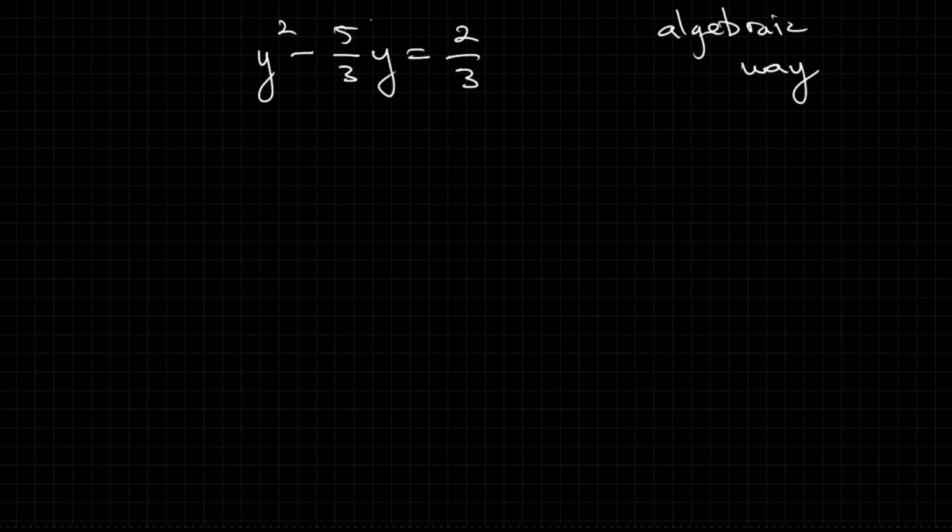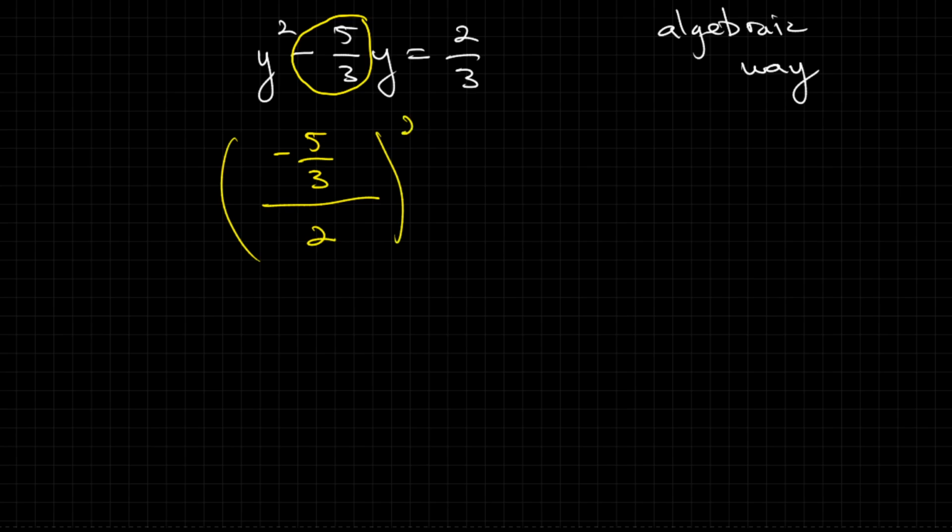Going back to the algebraic form here, in general what you do is you take this, in this case it's negative 5/3, you divide by 2, and you square it, and this will turn out to be, in this case, 25 over 36, and you'll take that and you'll add it to both sides.